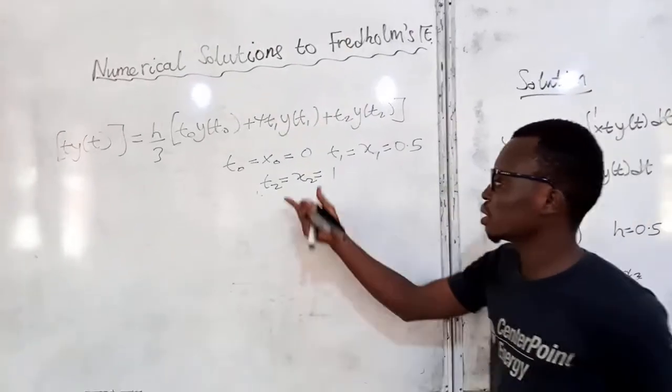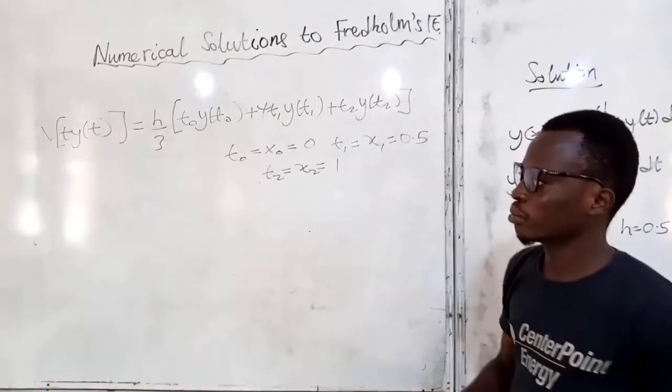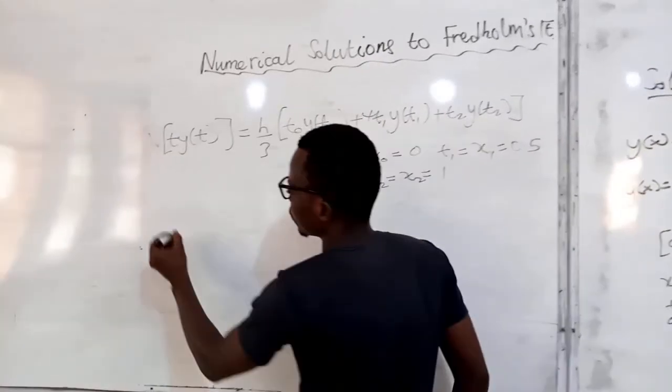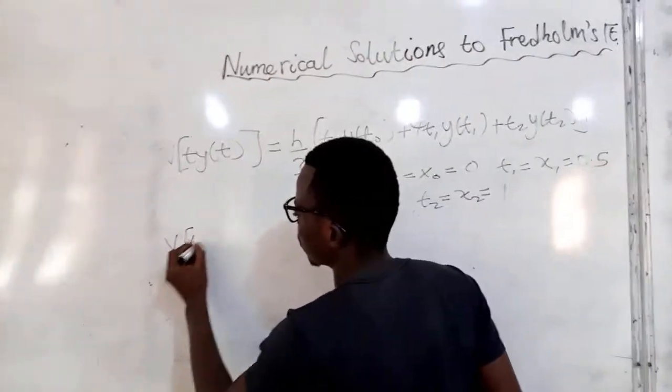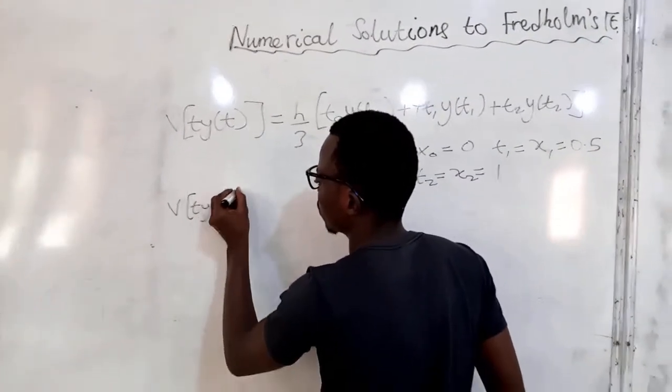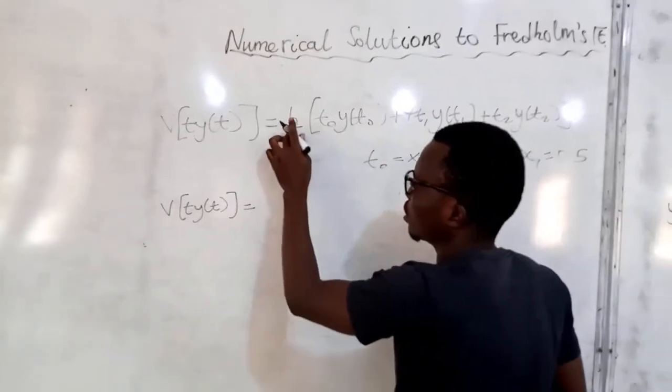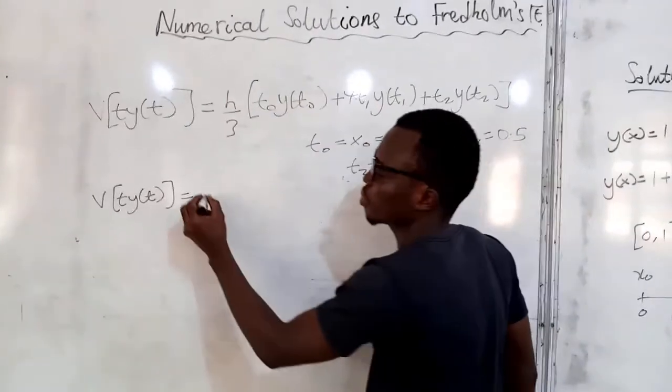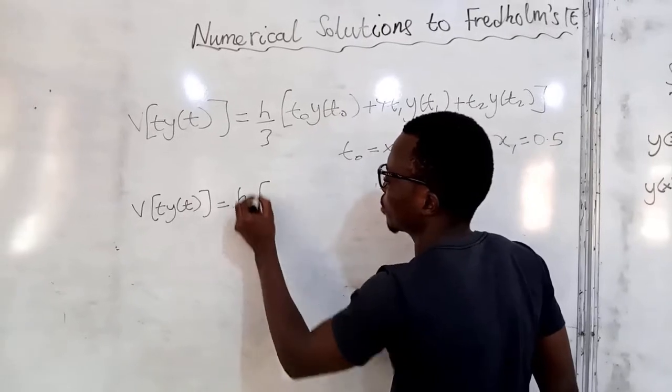Now let's substitute this into our v of t y of t, which becomes the step size h divided by 3.